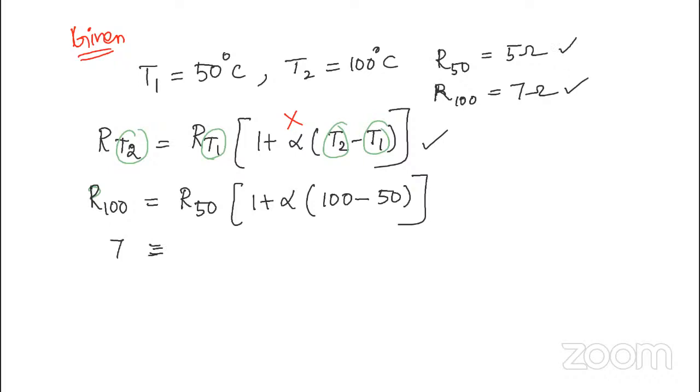So it is 7, and here it is 5 into 1 plus alpha into 50. So solve this and we will get the answer. We have 1 minute time to solve this one. Work it out correctly. Do not make mistakes in the powers.